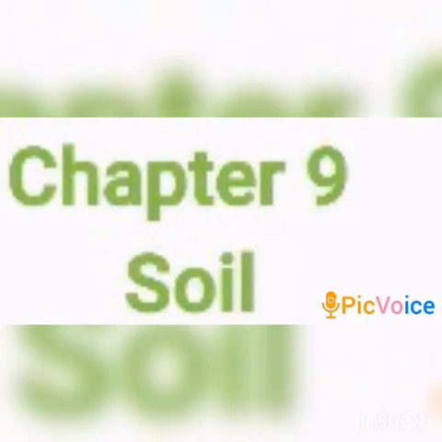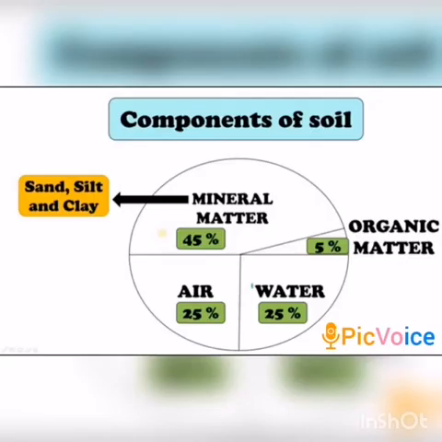In the previous class, we discussed different types of soil, isn't it children? Then, what are the components present in the soil? Do you know what the components present in the soil are? In the soil, mineral, air, water and organic matter are present.